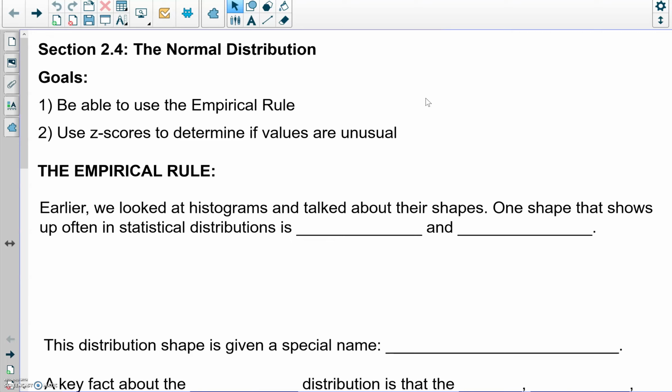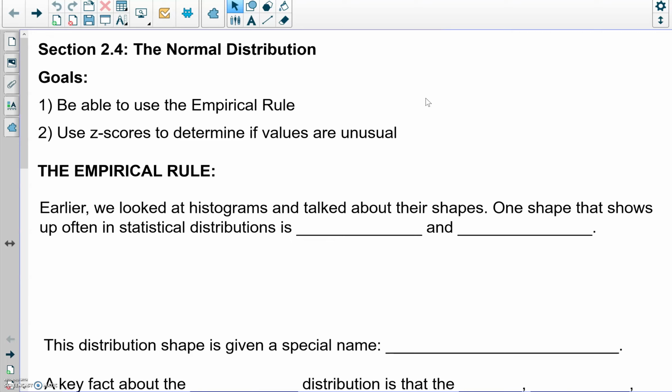And if you were to go on and take another stat class, you would see lots of things that deal with the normal distribution. It's one of the key distributions for an intro to stats. So, you see a lot of different things done with it. We're going to touch on some of those here, but we're not going to go anywhere near the depth into things like what you use the empirical rule for.